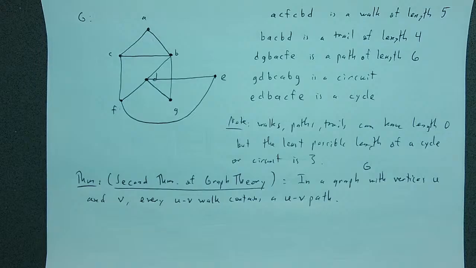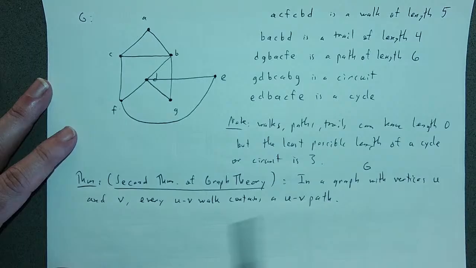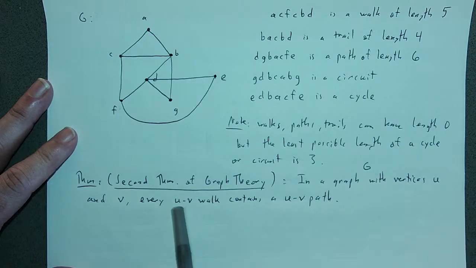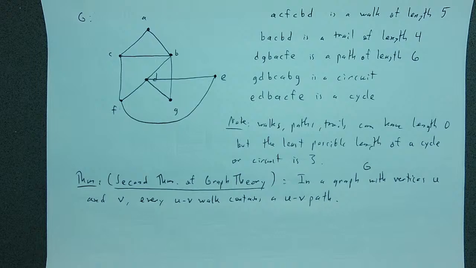There are some repetitions that occur that are unnecessary if your sole goal is moving from U to V along edges. A UV path is a more efficient object than a generic UV walk.